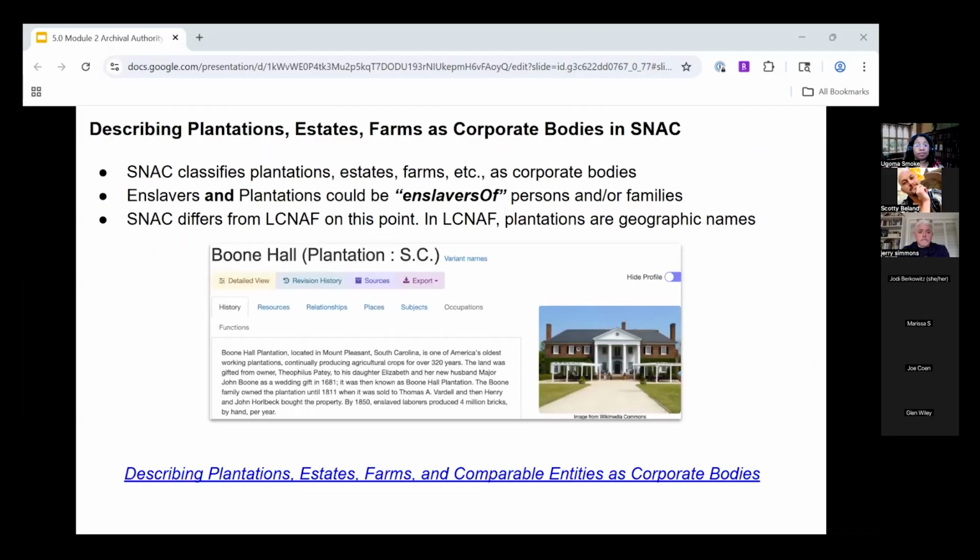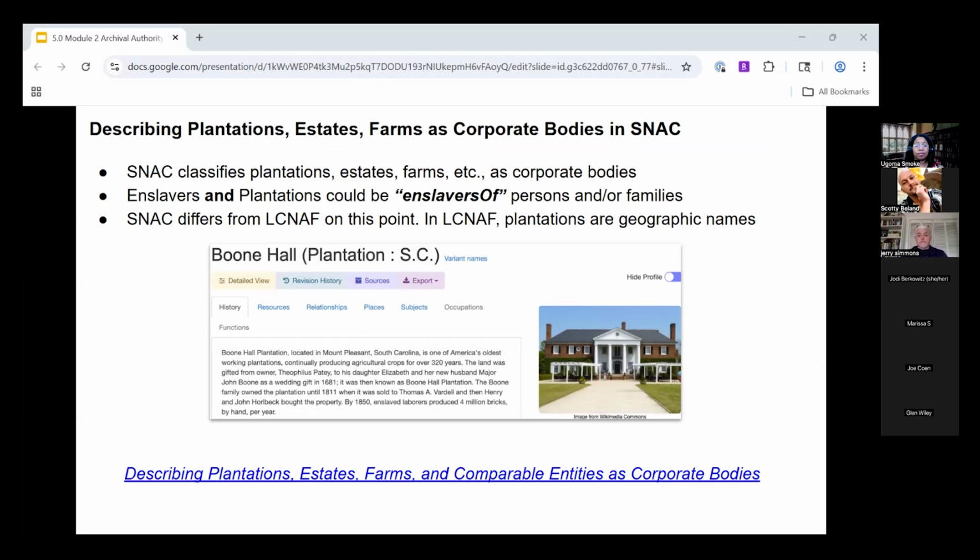SNAC has a policy outlining the classification of plantations, estates, and farms as corporate bodies. This is a departure from LCNAF policy, which classifies them as geographic names. The SNAC policy recognizes that plantations were more than a geographic location. Plantations as corporate entities were more than just the houses or landmarks, and plantations were essentially family businesses.